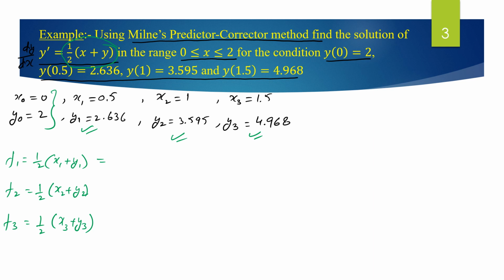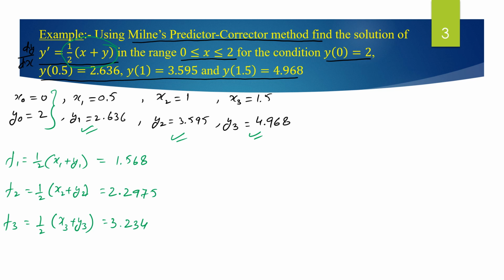By calculating these values, we received f1 is 1.568, f2 is 2.2975, and f3 is 3.234. I have calculated these values, so I am writing them down directly.